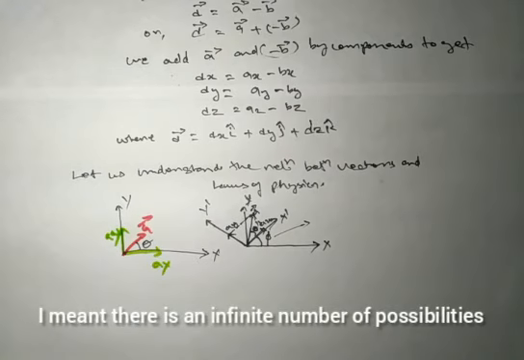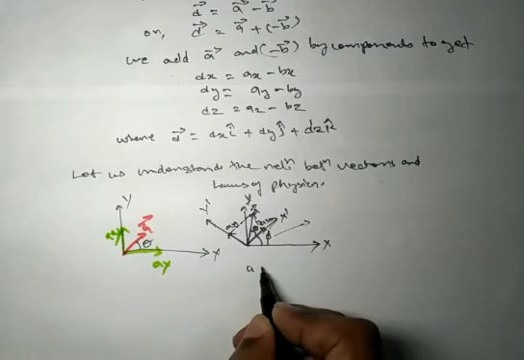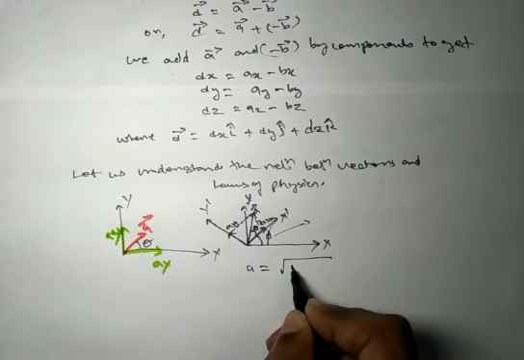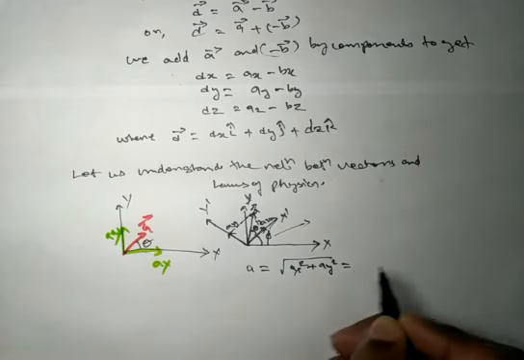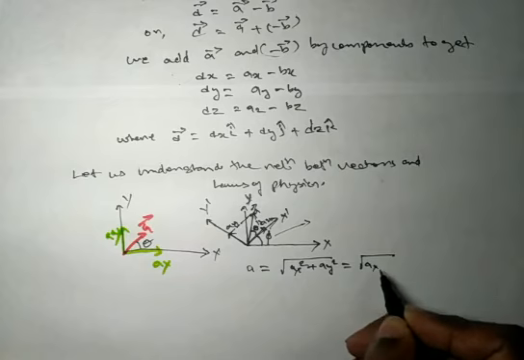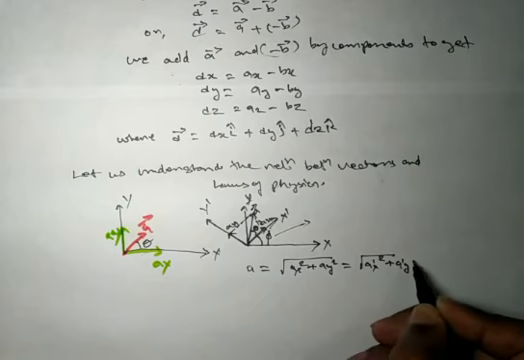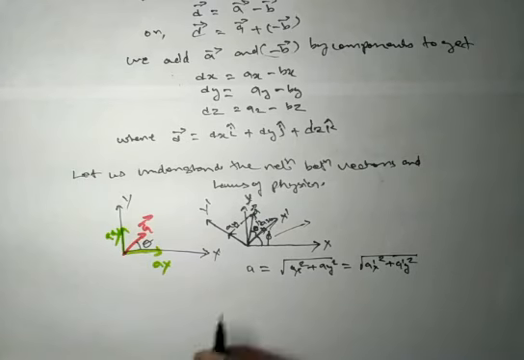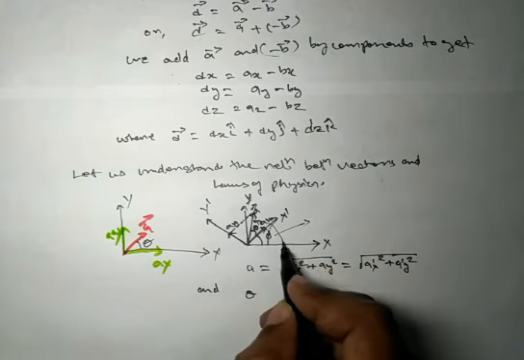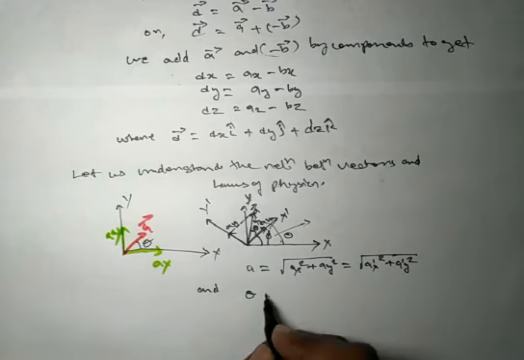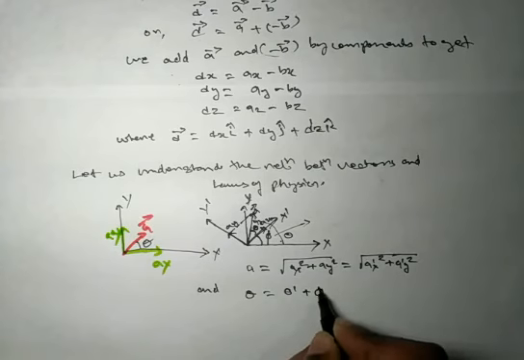So from the figure we can understand that A equals root under ax square plus ay square, equal to root under a dash x square plus a dash y square, and also the whole angle theta equals theta dash plus phi.